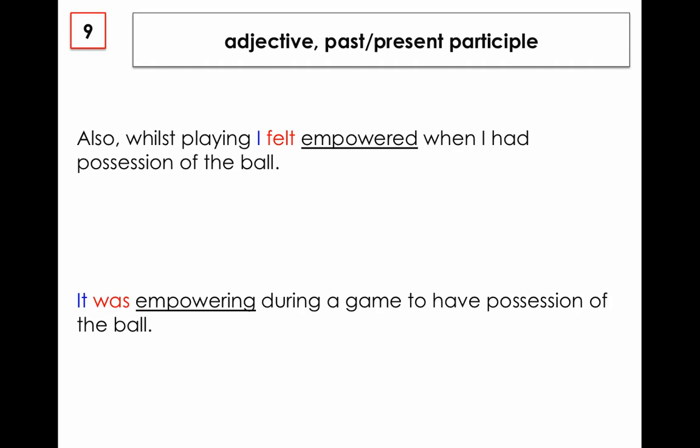So you could say, I am bored, he is boring. I am excited, the film is exciting. In this case, I was empowered, I felt empowered, something was empowering. Okay.